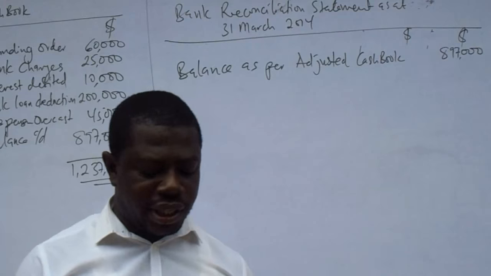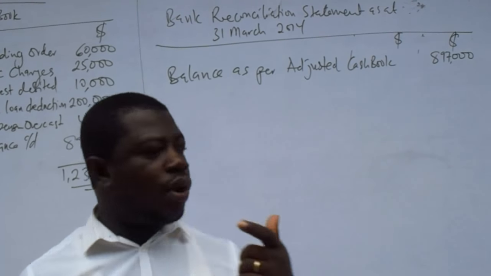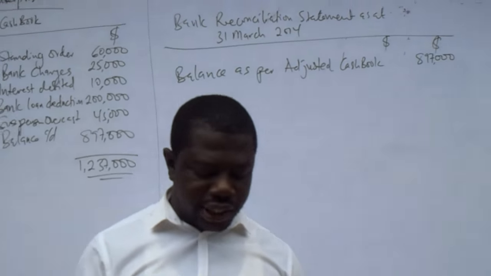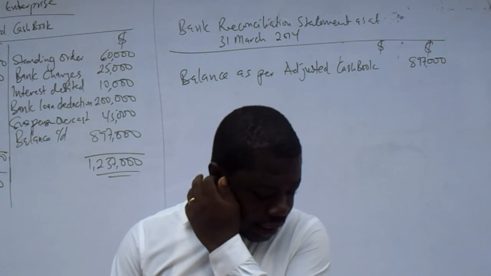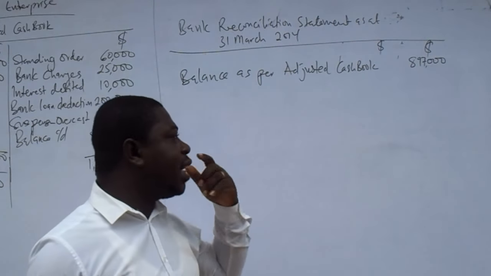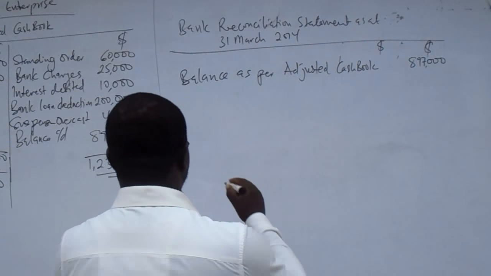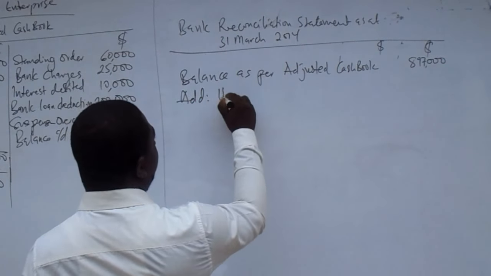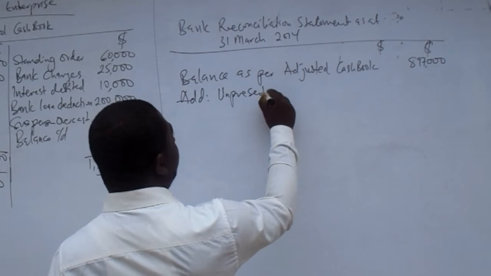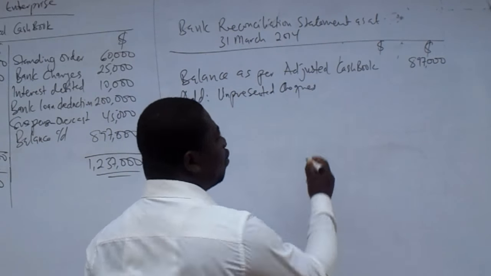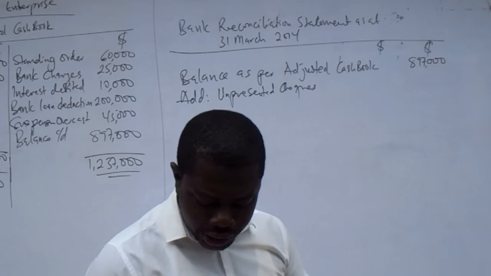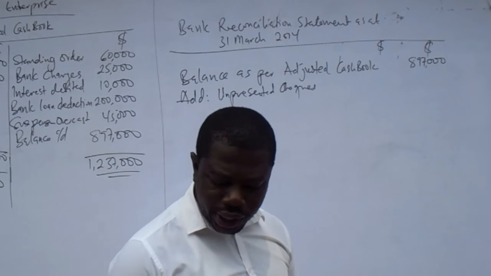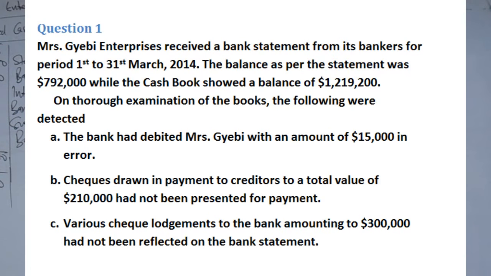And now we go back to the question and pick the items that we said will appear on the bank reconciliation statement. That is item A, B, and C. So we know from the format that we add unpresented checks straight away. So add unpresented checks. And from the question, the unpresented checks value was 210,000. That is item B. Checks drawn in payment to creditors to a total value of $210,000 had not been presented for payment.